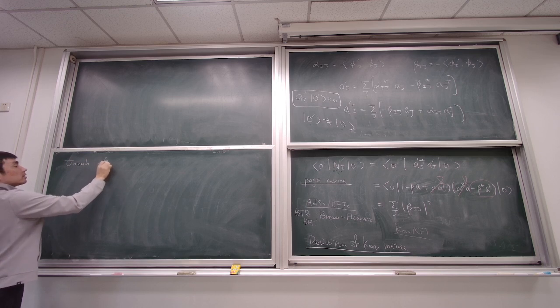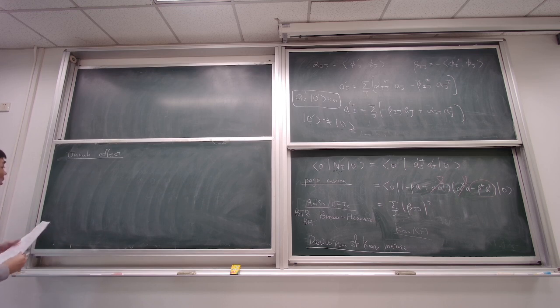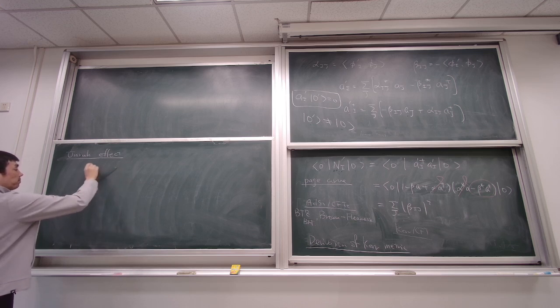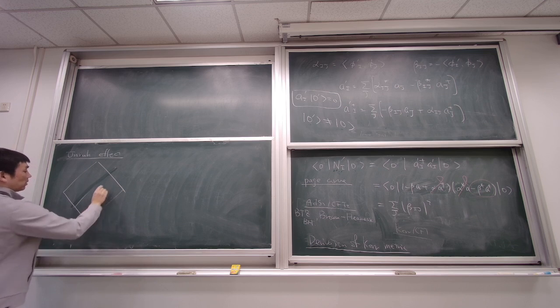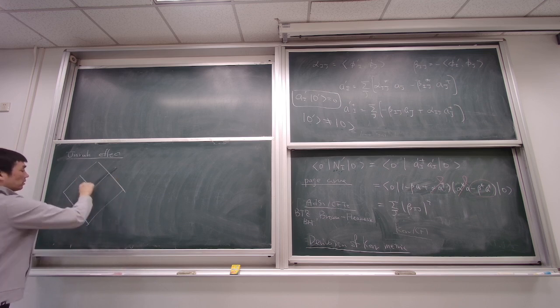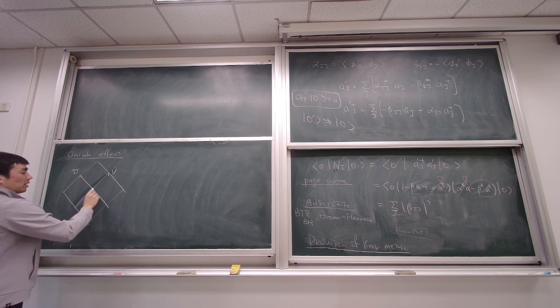So, Unruh effect. Let's consider the Rindler space. With coordinates V and U, here we have the Rindler space, something like this.